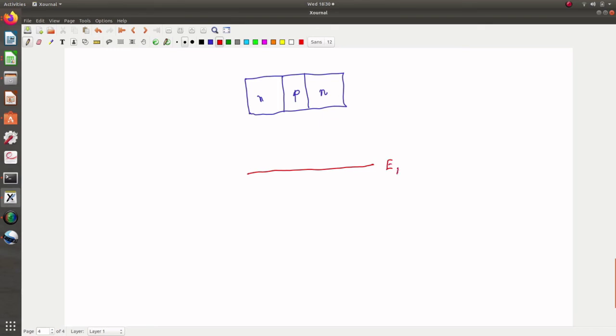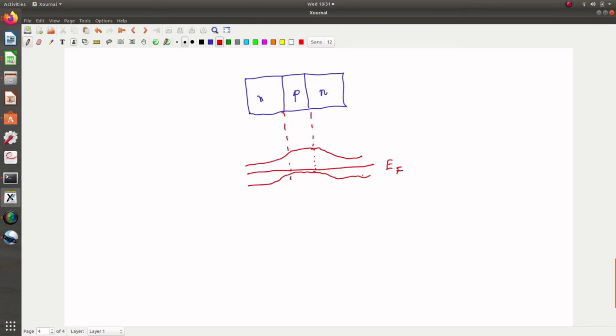This is the Fermi level. The band diagram will look like this on the NP side, and the PN junction band diagram will be like this.